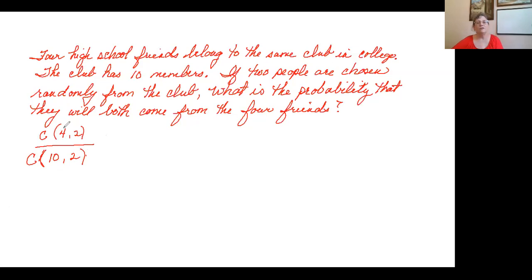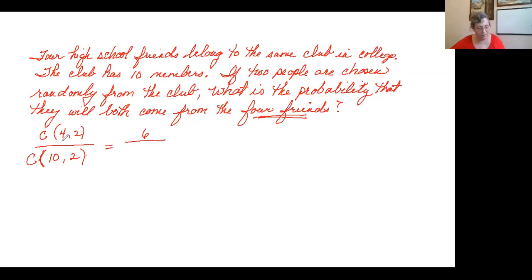This will be the total number from the sample, the subset that will satisfy what we're interested in, which is that it comes from the 4 friends. So once again, I'm going to put this into the calculator. If I do 4 choose 2, that is 6. There are 6 ways to choose 2 people out of these 4 friends.